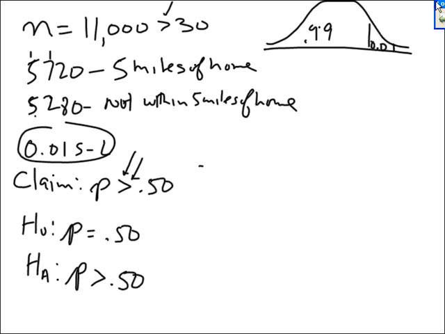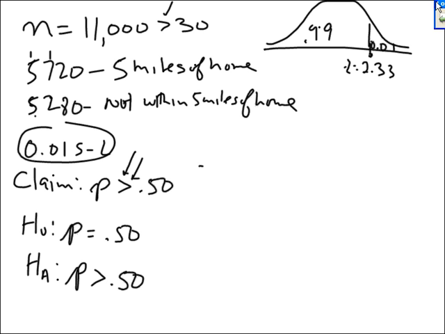It's going to be a high number. For 99%, I used to know this number. It is 2.33. So right here, z is 2.33.